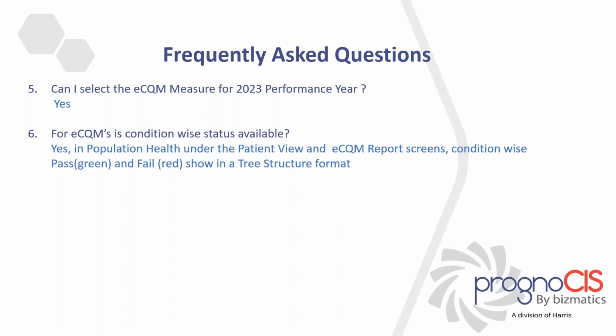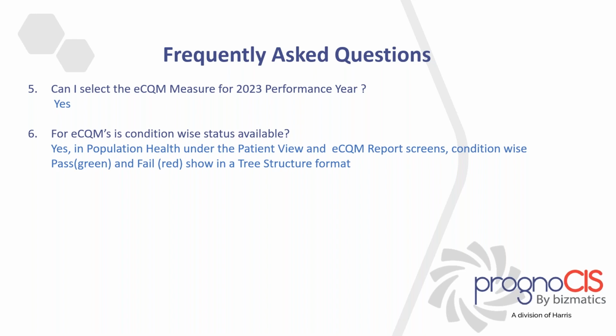Yes. The next question is, this is my company's first year using PrognoCIS, and I'm very new to MIPS. How can I activate my providers to appear on population health? So it means your providers have not answered those questions on the login pop-up, right? If they have already answered, then you can see the population health icon on the PrognoCIS homepage.